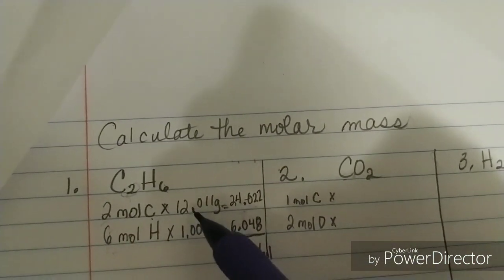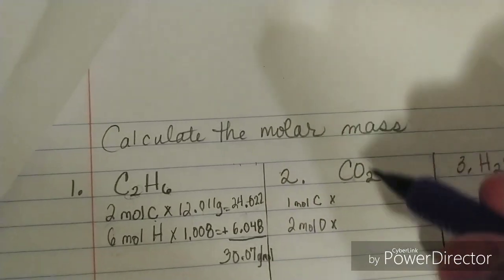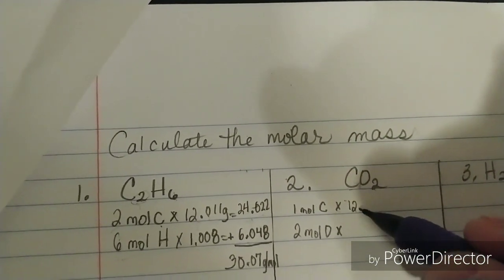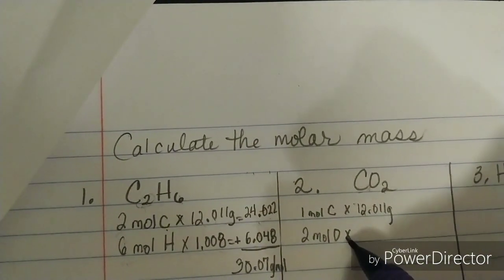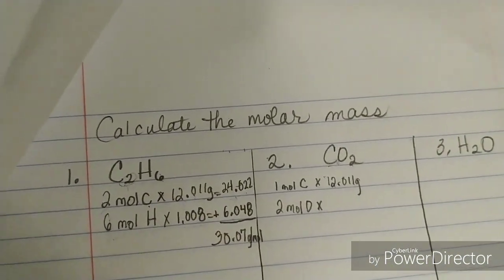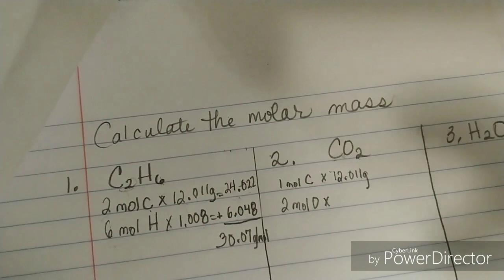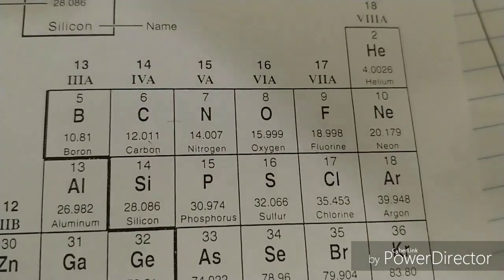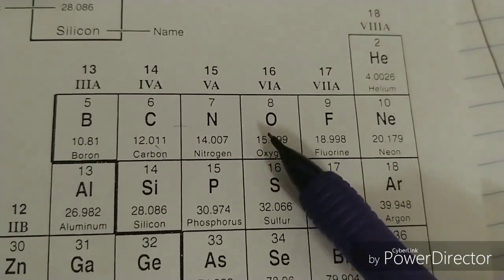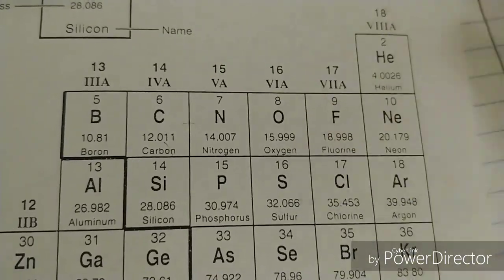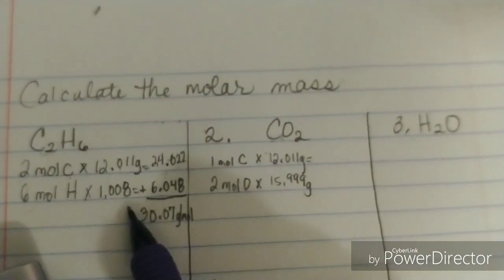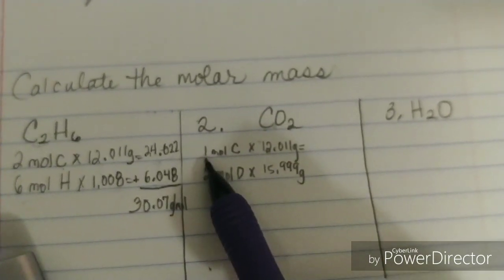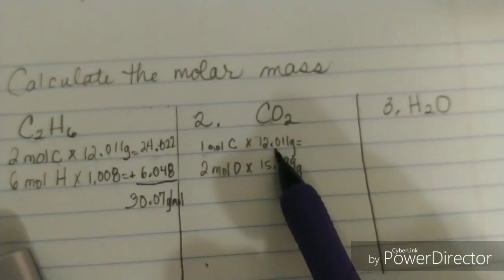Remember, we already know what the mass of carbon is. It's 12.011. And the mass for oxygen on the periodic table, if we look it up, is 15.999. Okay, as indicated right there. Just like you did on the previous example, you're going to take that 1, multiply it by 12.011.